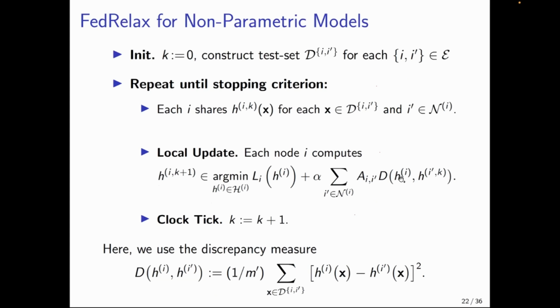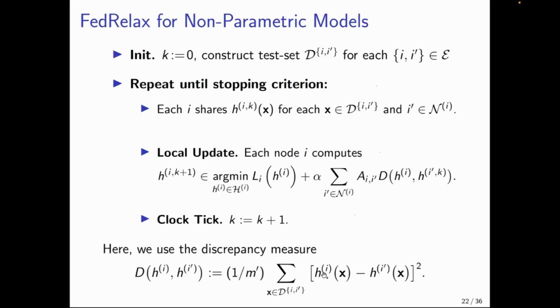One way to do this, as you have tried out in the first assignment, is to use the squared differences between the predictions on a test set. So we can compare two decision trees, for example, by comparing their predictions on a test set. And we say two models are similar if they deliver approximately similar predictions on a test set.